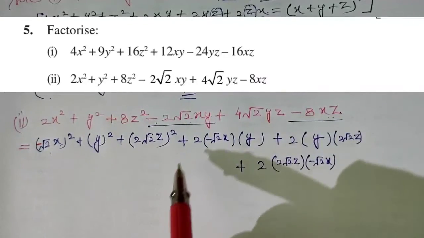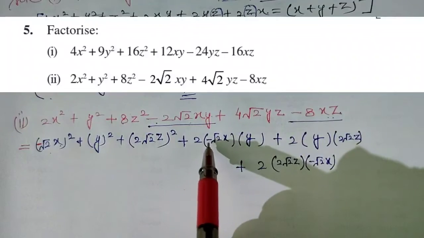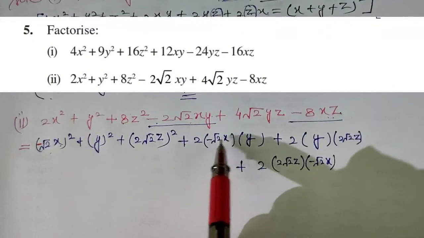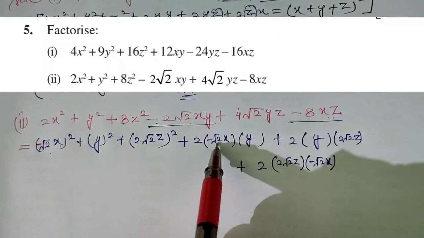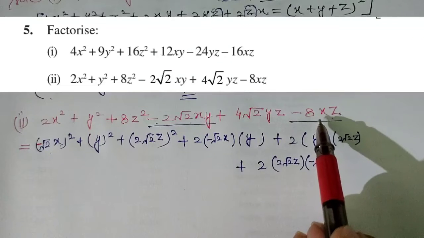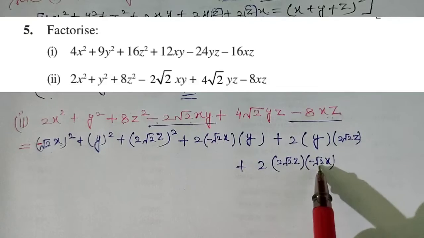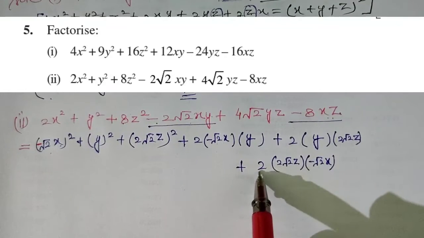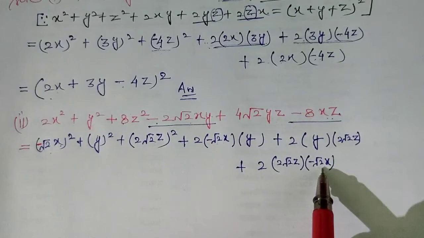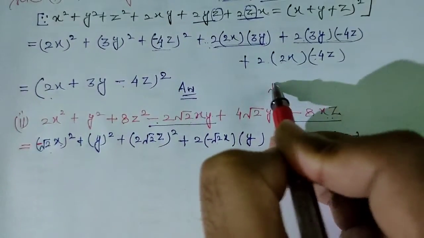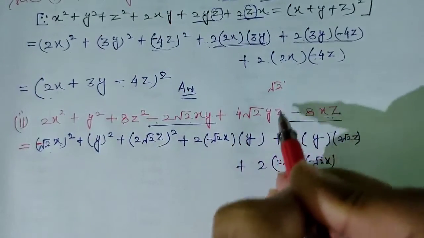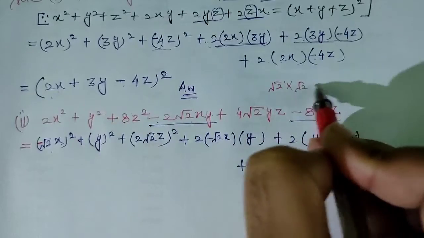Now we'll check it once again. It must be negative, as you can see the negative sign is there, so 2 root 2 xy, this one is the same, and the third term is 8xz, so 2 root 2 into 2 will give you 4, 4 2s are 8, root 2 into root 2 is 2, root 2 into root 2 will give you 2.